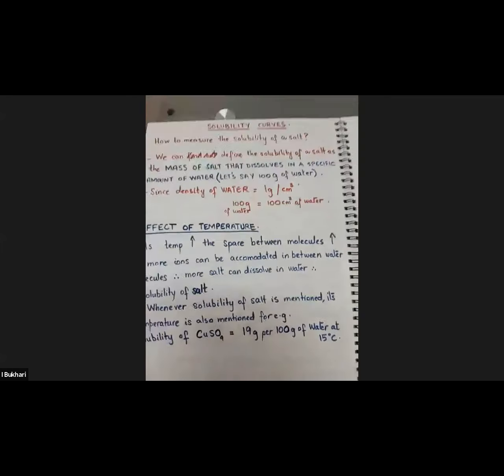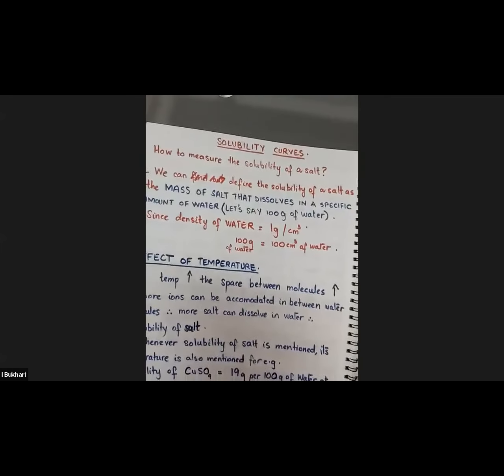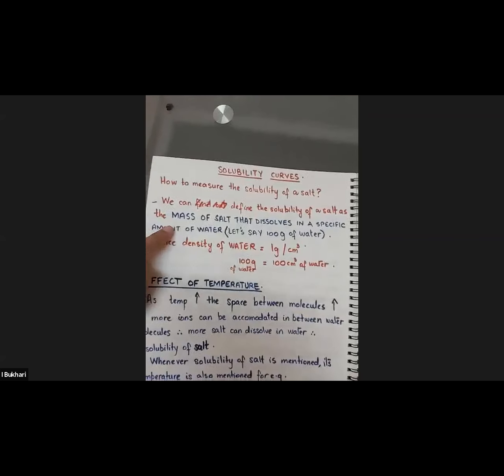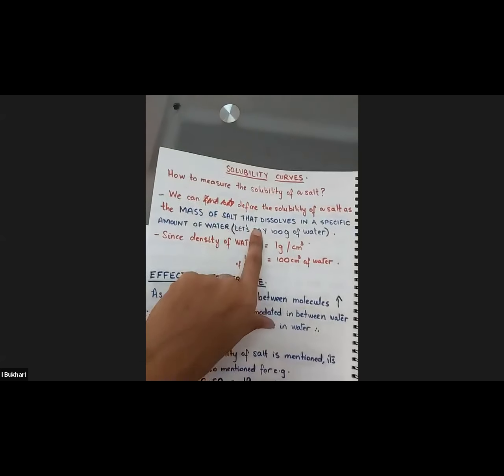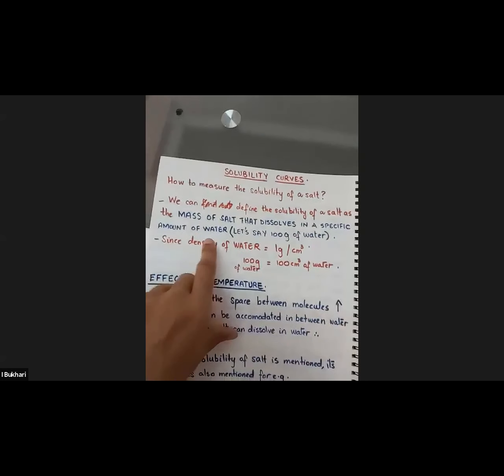Okay, solubility curves. Now we were to talk about the solubility curve. First I will talk about what is solubility. How do you measure the solubility of a salt? We can define the solubility of a salt as the mass of salt that dissolves in a specific amount of water.